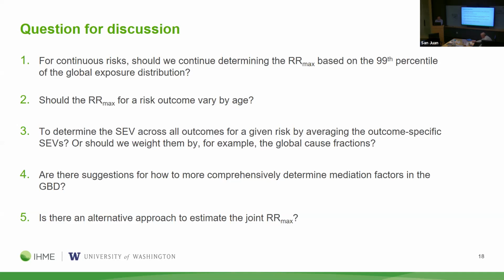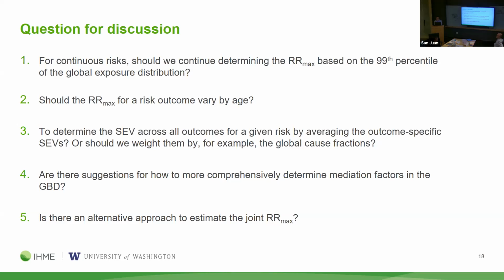And then I think the last challenge is to address what Stefan was talking about, which is going from SEVs back to the distribution of exposure. Yeah. I've played around with that, just writing that down.